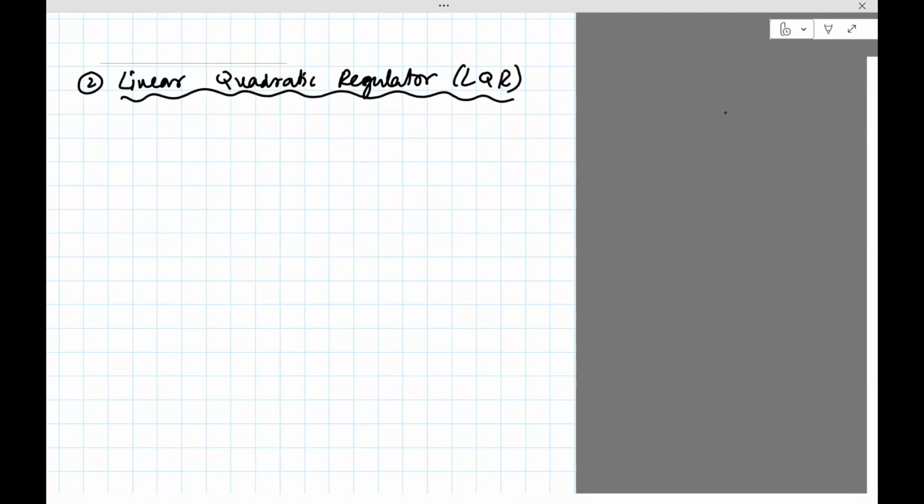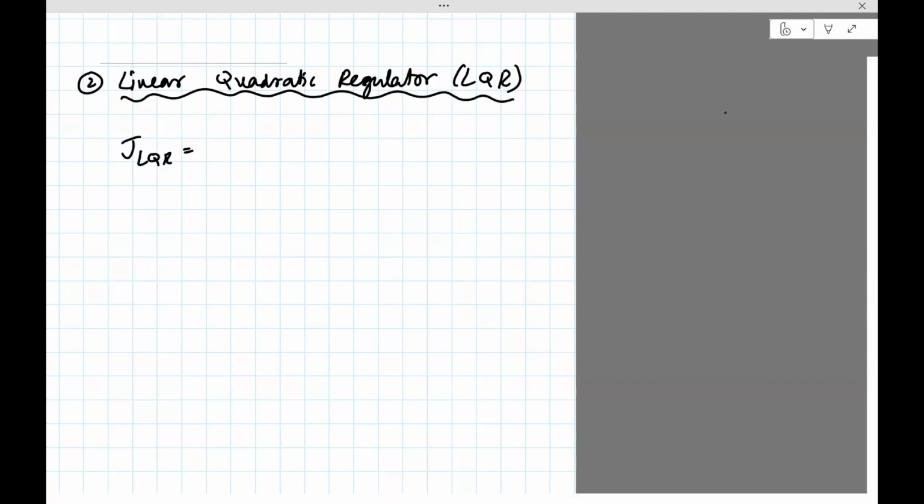This is something which is very, very famous. It's very well adopted, and you might hear people saying that they used an LQR. What they're doing is solving an optimization problem.